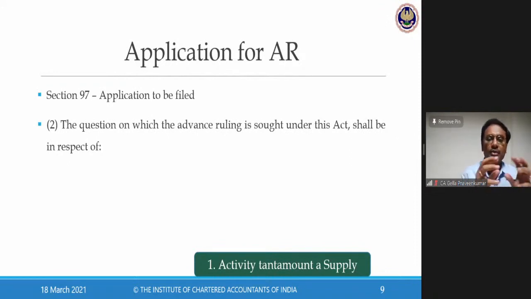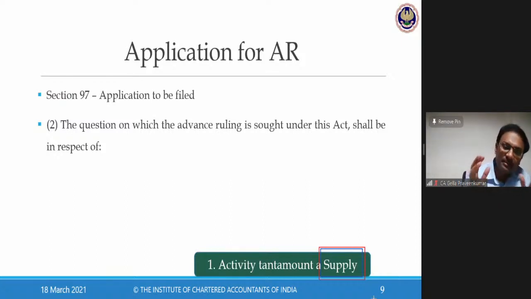Does it tantamount to supply of goods or supply of services? So first and foremost, I'm posing a question on determining whether there exists a supply. When I refer to the term supply, this term refers to section 7. So the first question you are asking is whether there is a supply of goods or supply of services.